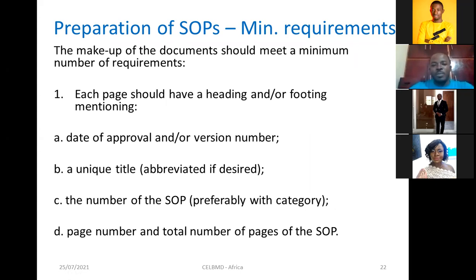At the minimum, the makeup of a standard operating procedure document should include, one, that each page should have a header or a footer, mentioning at the minimum the following: the date that the SOP was approved, the version number, whether it is the first version or it was reviewed, and the title. For example, I mentioned check treatment procedure. That's the SOP at Afriland First Bank on how they treat checks.